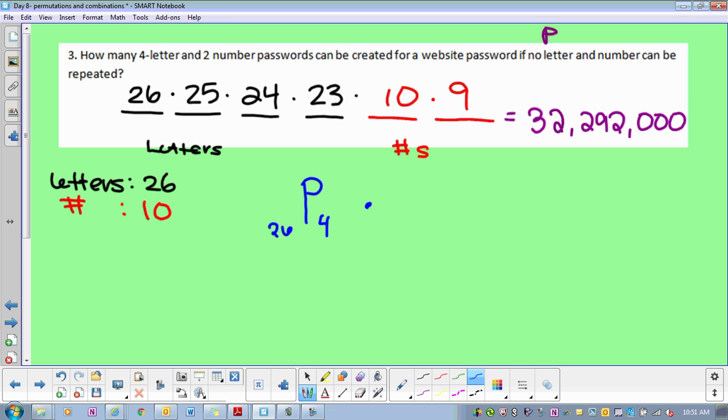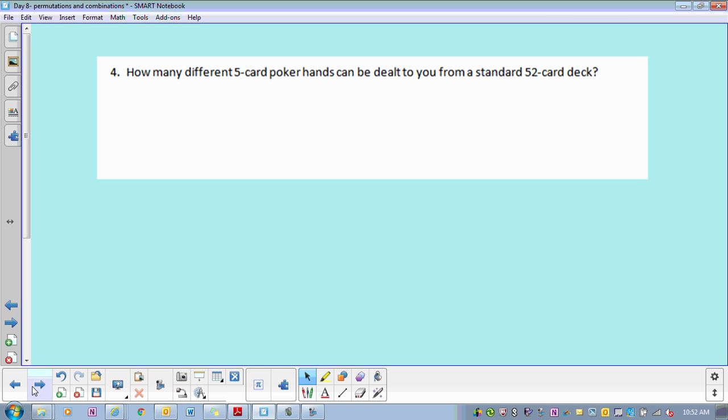Times 10 numbers, and you place 2. That's the same thing, okay? You'll get the same answer. I just like to draw out my little dashes because I think it helps to see it better. Okay? Questions about this one? It's a harder type of problem.